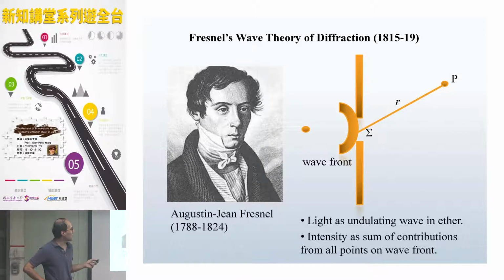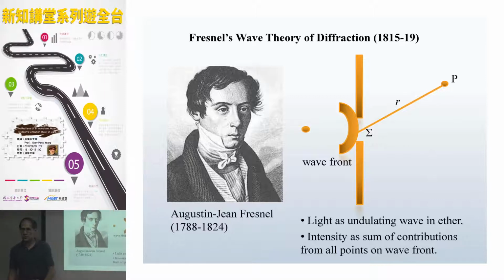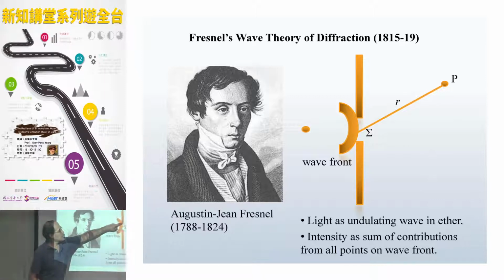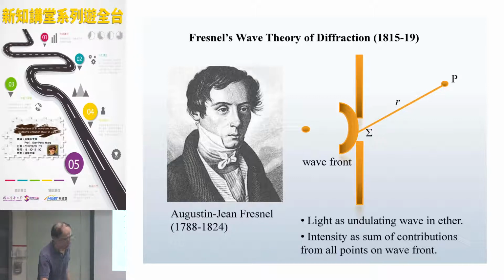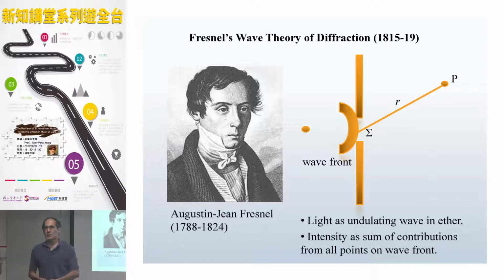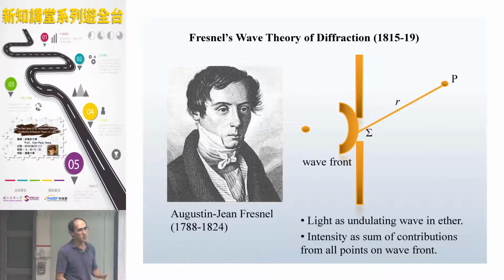Okay, so when you have a point source over here and the wave spreads out like water ripples, on this surface which touches upon the aperture, there's a wavefront originated from the source, right? And the light diffraction is just the sum of all the contributions from all these points on the wavefront. So that was Fresnel's theory.